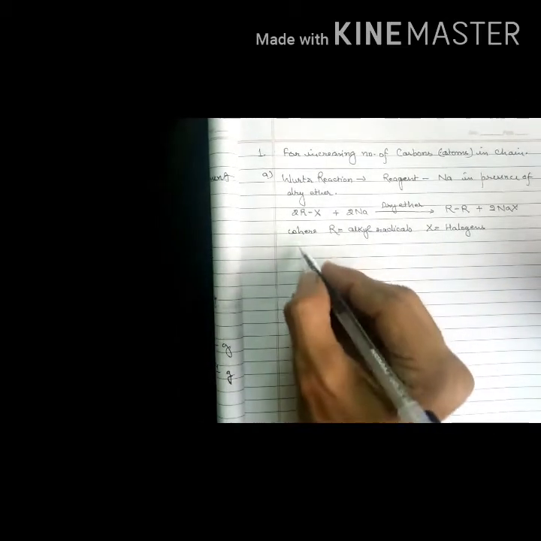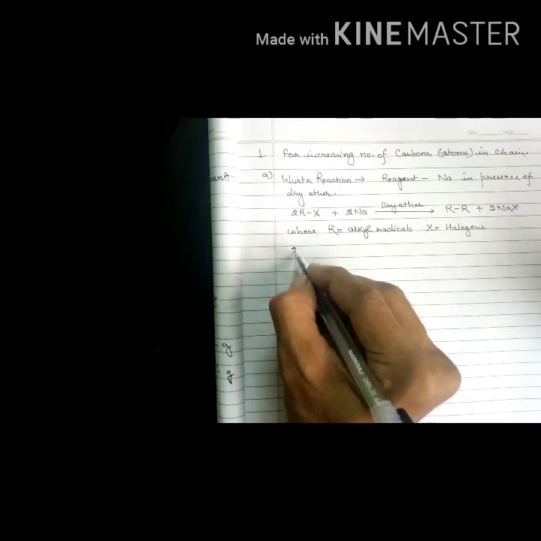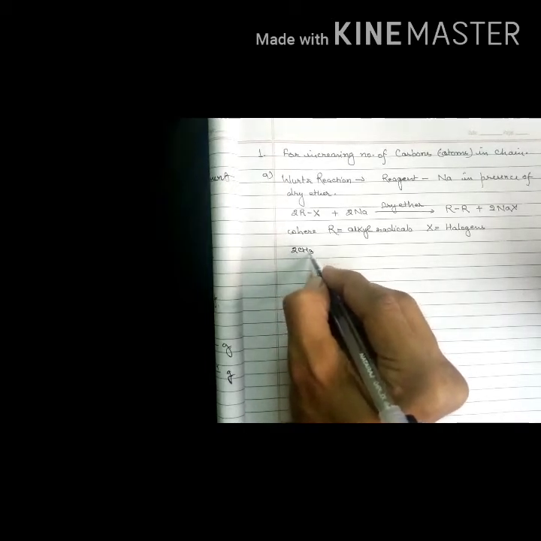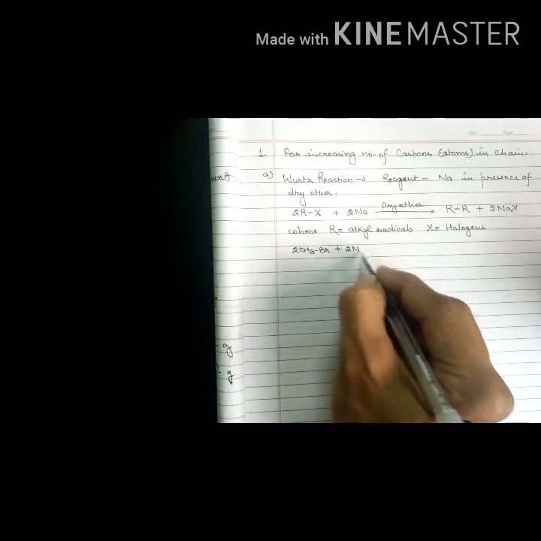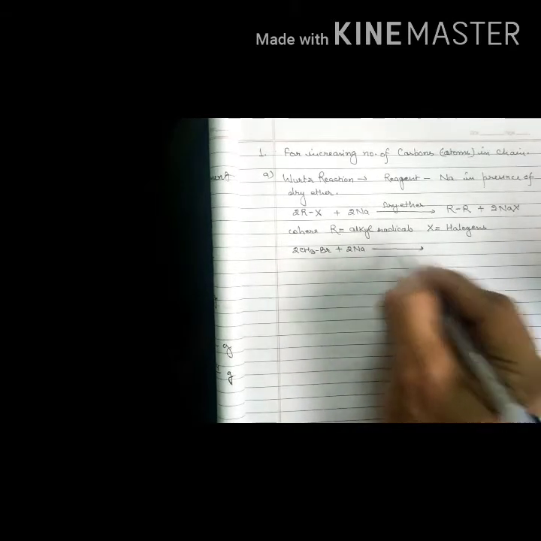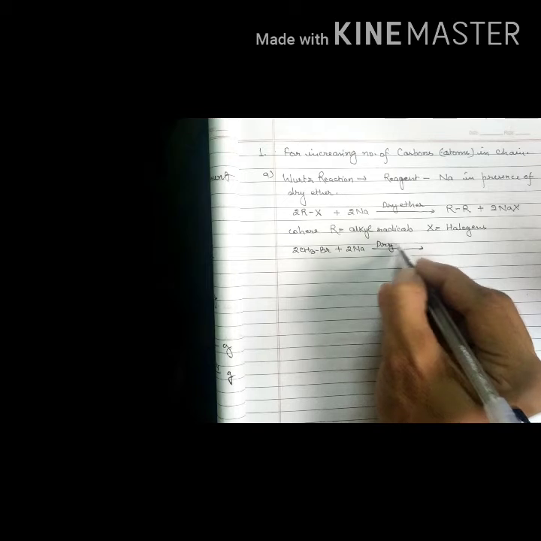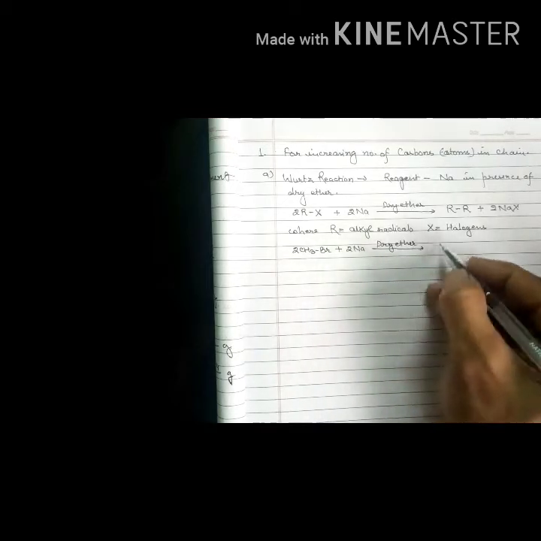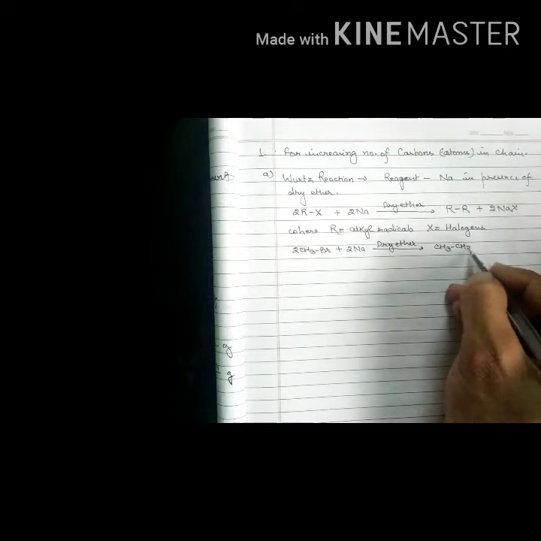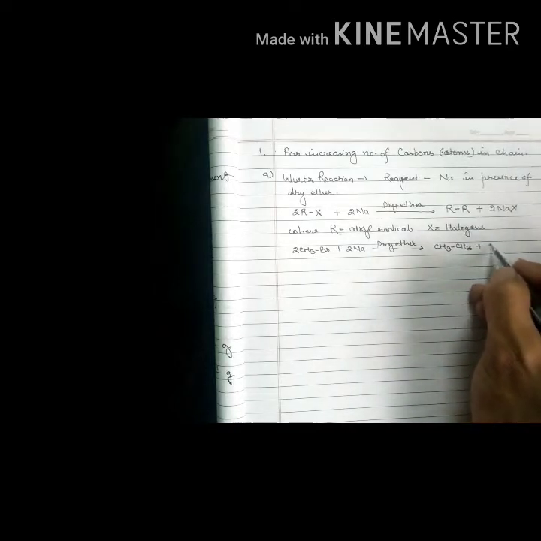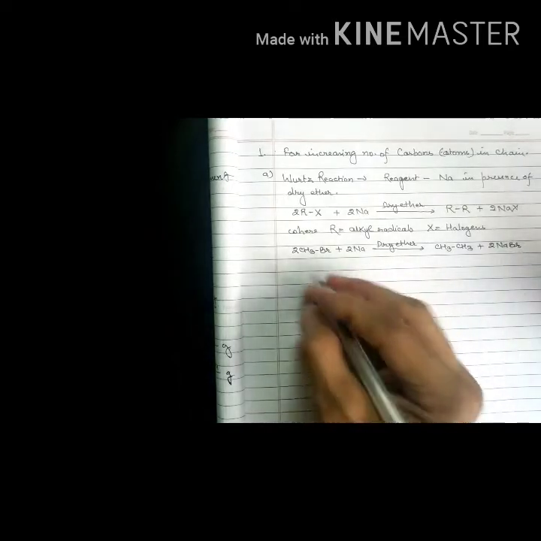Let's take a molecular form of it. 2CH3Br plus 2Na in dry ether gives CH3-CH3 plus 2NaBr.